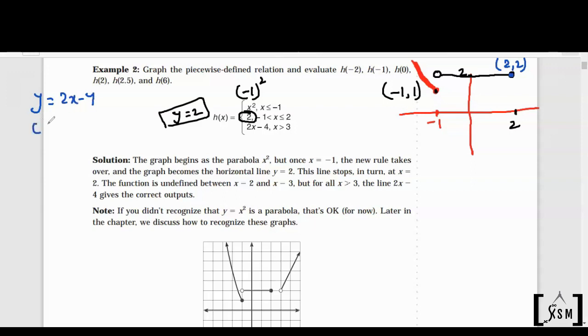X-intercept is when we put y as 0, we get x is equal to 2. And when we put x as 0, what do we get? 2 times 0 minus 4, which is -4. So yes, this is a straight line whose x-intercept is 2 and y-intercept is -4. Let me mark -4. So the straight line is like this.